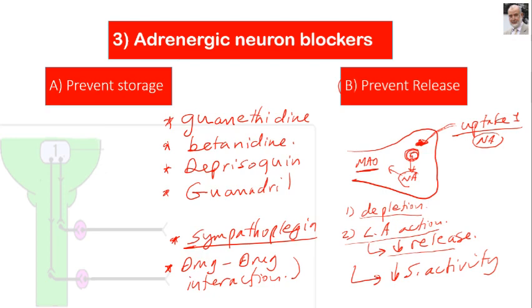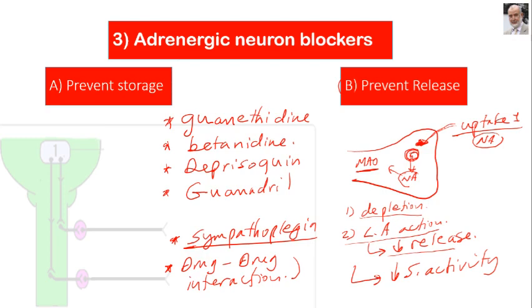Okay, so these drugs which prevent the release act by a dual mechanism. First, they produce depletion of noradrenaline stores. Second, they produce local anesthetic action, and therefore they inhibit sympathetic activity everywhere, including the heart.